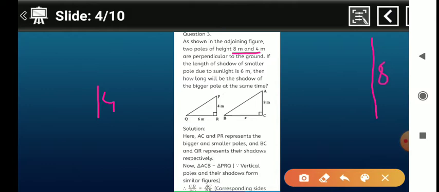The shadow of the smaller pole is 6 meter from the ground. So this is the length of shadow, or distance of shadow, 6 meter. Similarly, this bigger pole also exhibits a shadow, but we have to find that distance of shadow.